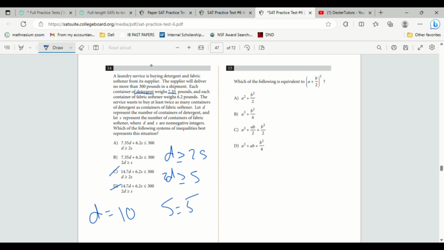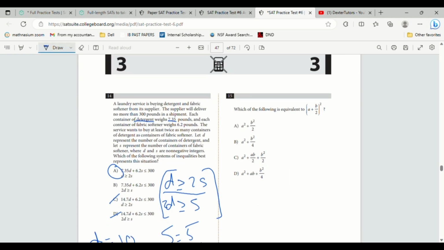So if we plug in 10 and 5 into either one of these inequalities, which one would be true? It's D is greater than or equal to 2S, because D, 10, is greater than or equal to 2 times 5, which is also 10. So 14 is A.